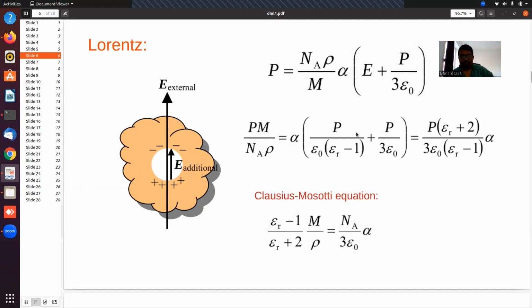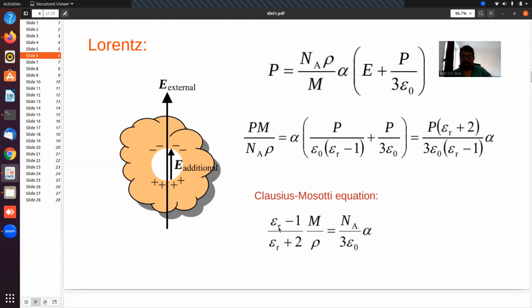By simple rearrangement, we can derive the famous Clausius-Mossotti equation. The Clausius-Mossotti equation relates the relative dielectric permittivity with the local polarizability. The polarizability is the microscopic property, and epsilon r is a macroscopic property.